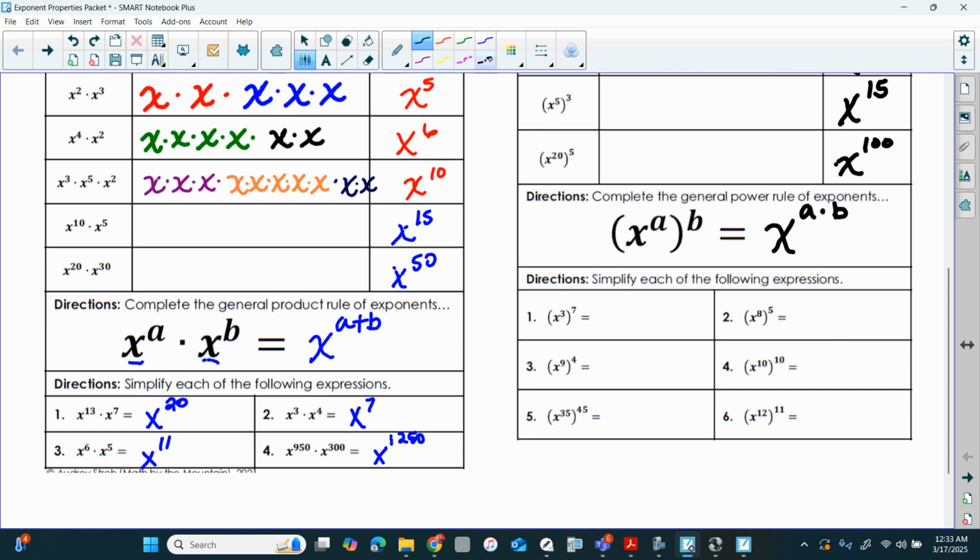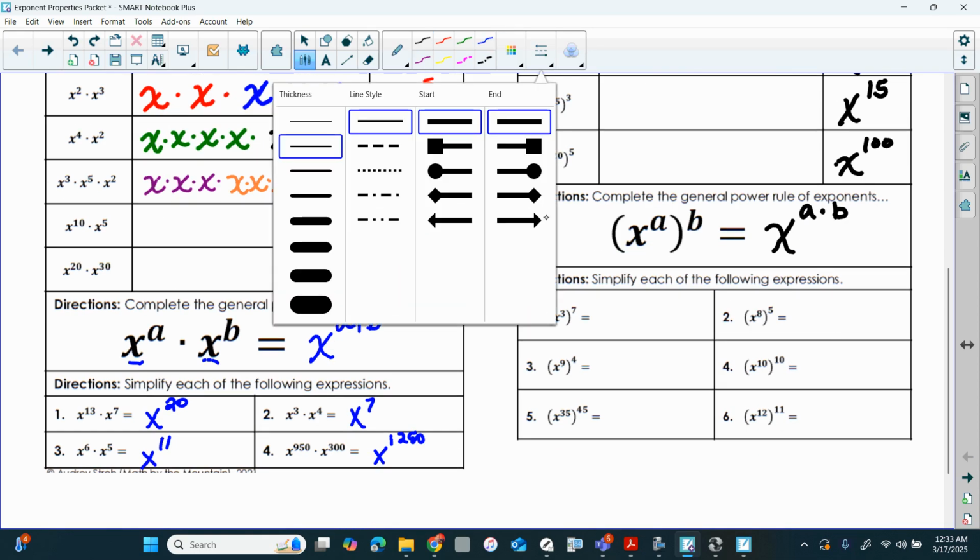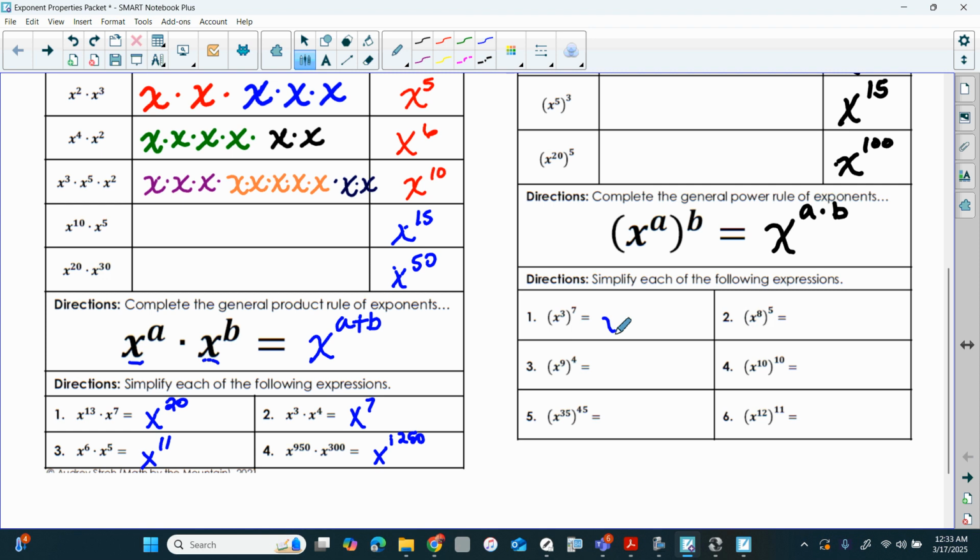So if I'm showing the rule, this is saying x to the 3 times 7, which is x to the 21st. Now I know a lot of this you can do mentally. So this would be x to the 40. So just do the multiplication and write it in the condensed form with the base and the new exponent.